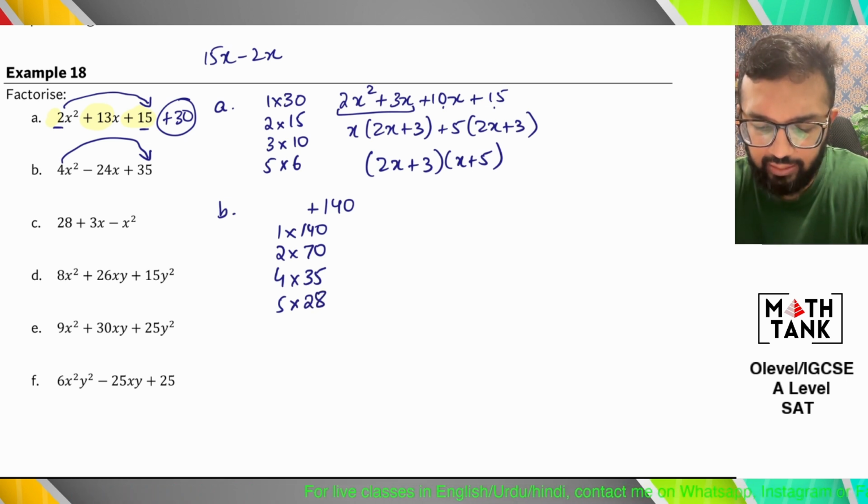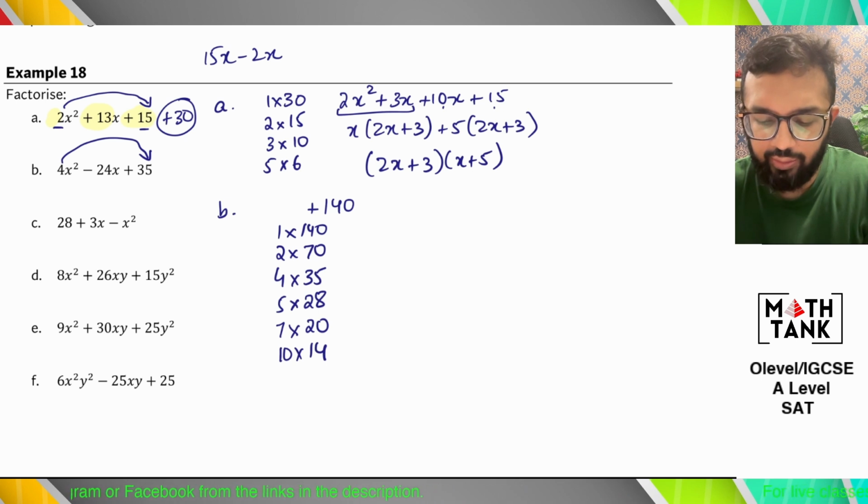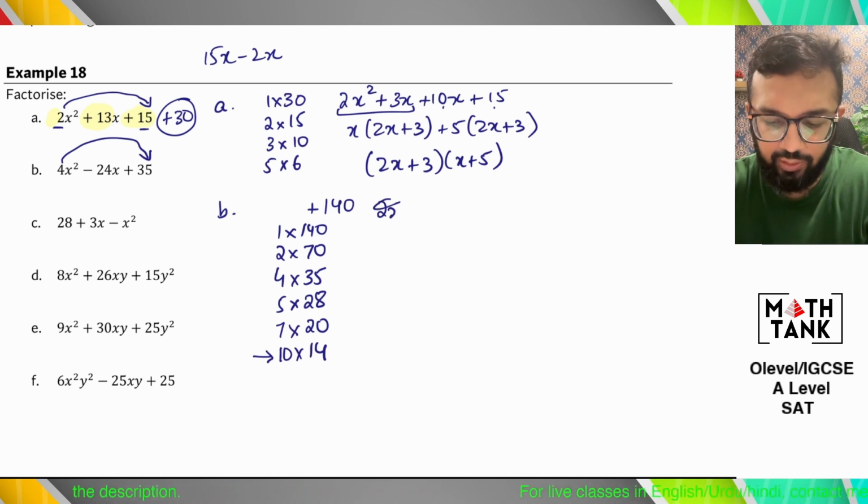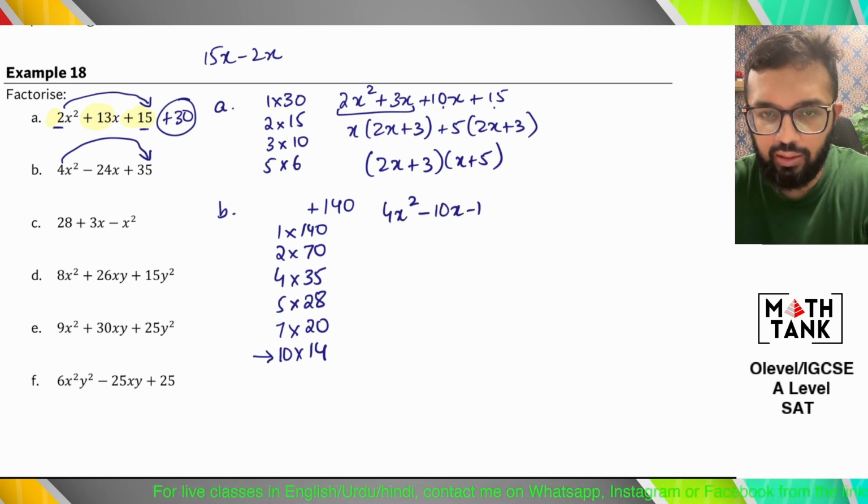Okay, I don't think this goes into 6. 7 into 20. I don't think it's going to divide into 8 or 9, and then 10. So I think the most viable factors are 10 and 14. I'm going to say 4x square minus 10x minus 14x plus 35.